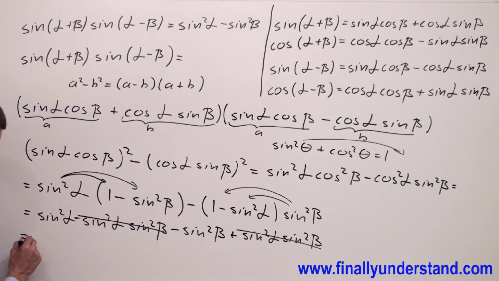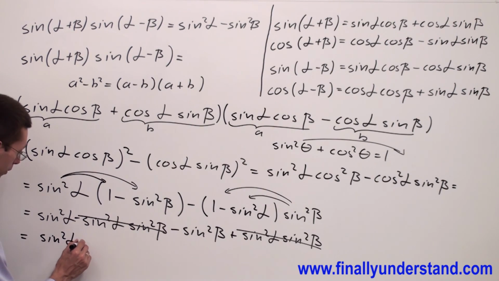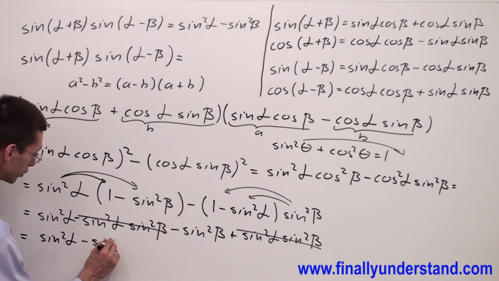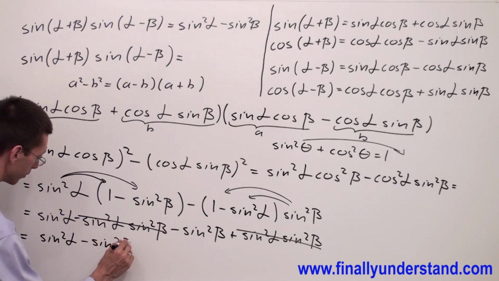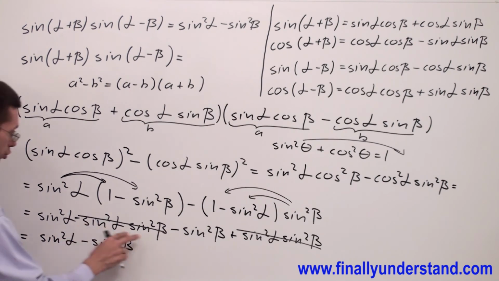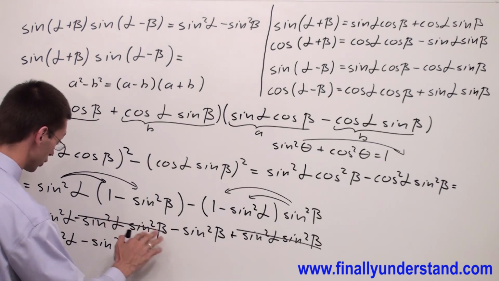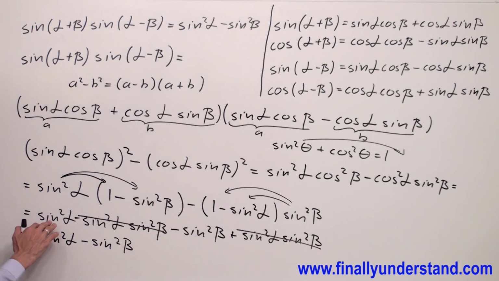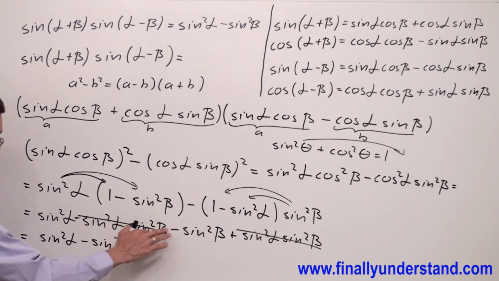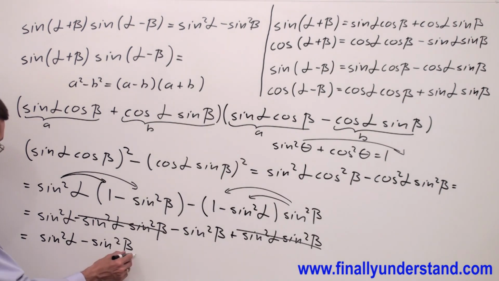And we are going to have the final expression as sine square alpha minus sine square beta. Remember, these two subtract each other. That's why we have 0, but we don't write this 0. And we're left with sine square alpha minus sine square beta.